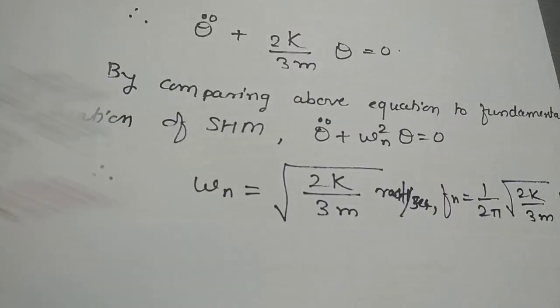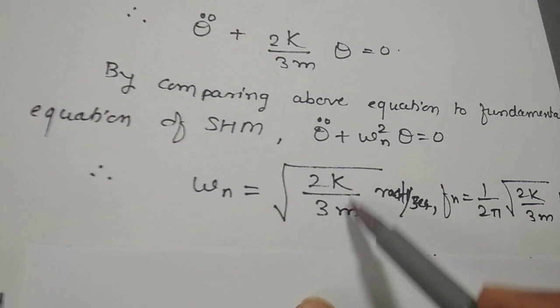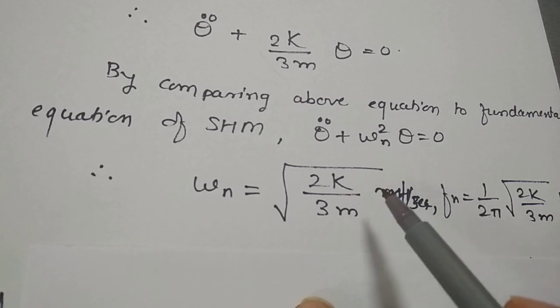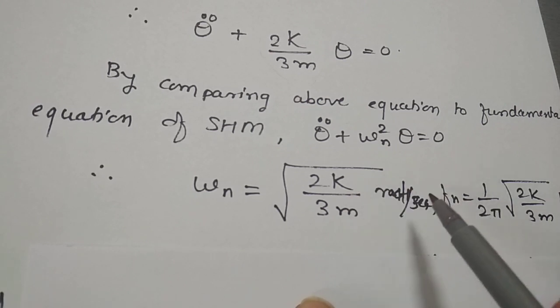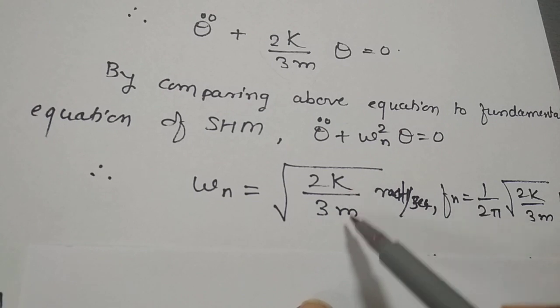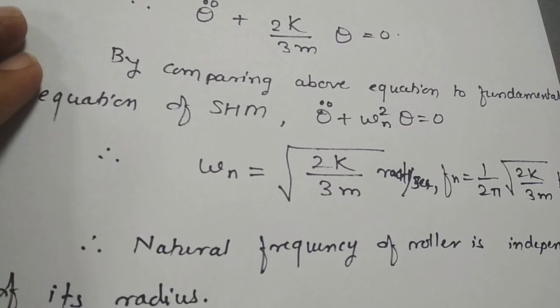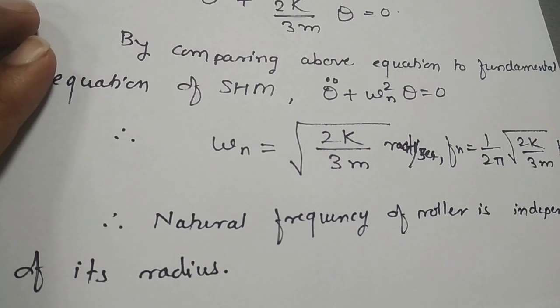Again the answer is the same, as there is no term of radius here, so it is completely independent of the radius. It depends on stiffness and mass only. Correspondingly, the natural frequency of the roller will remain the same if you change the radius.